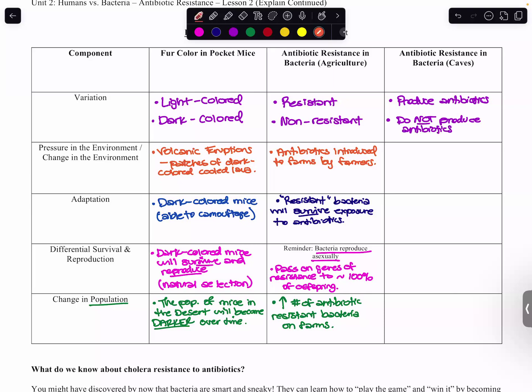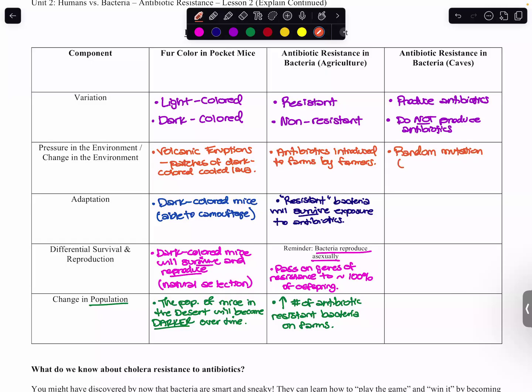Simple, right? What was the change in the environment? So humans never manipulated that. It wasn't a volcanic eruption that caused that, like the rock pocket mice, but rather it was a random mutation, right? In this case, it was a beneficial one, right?